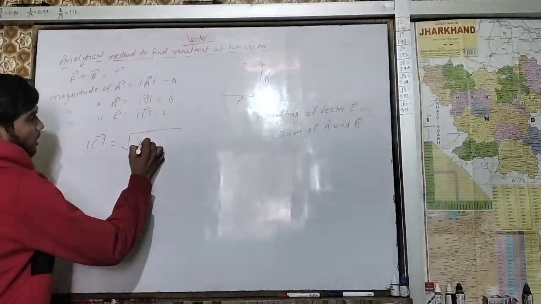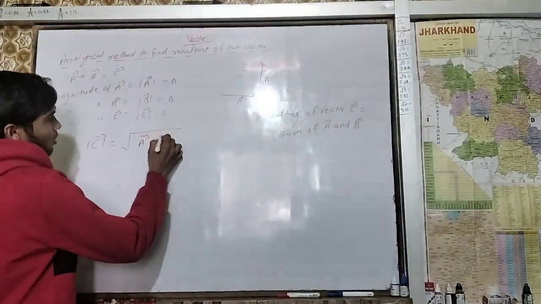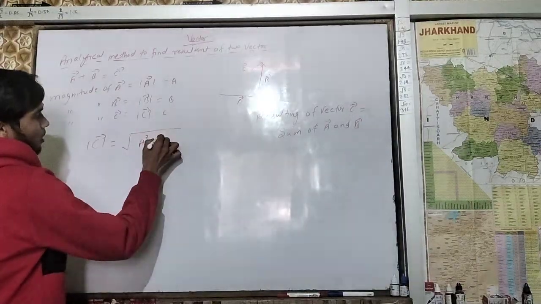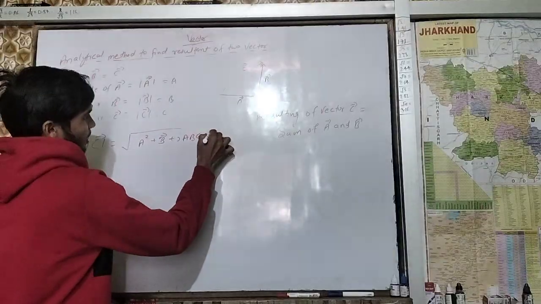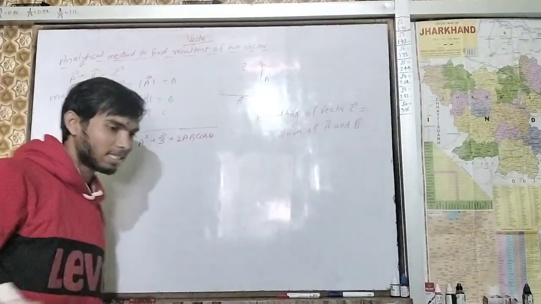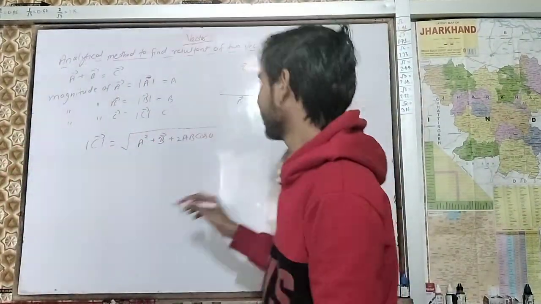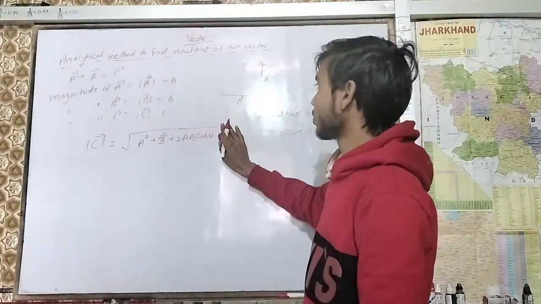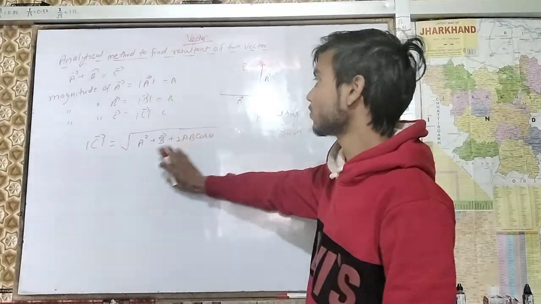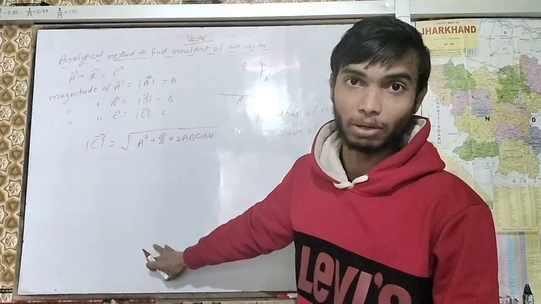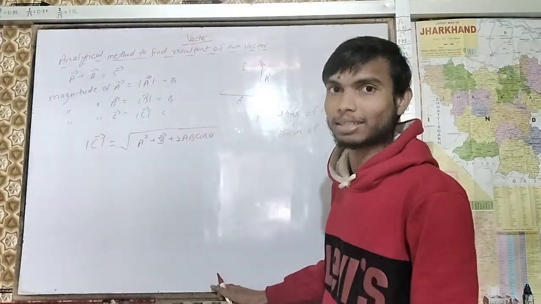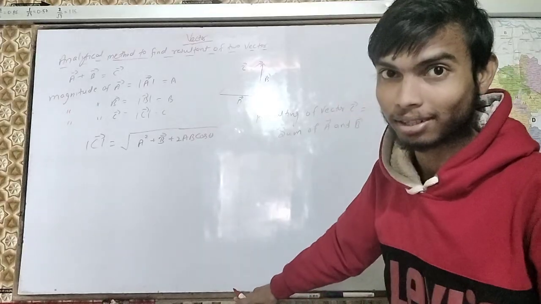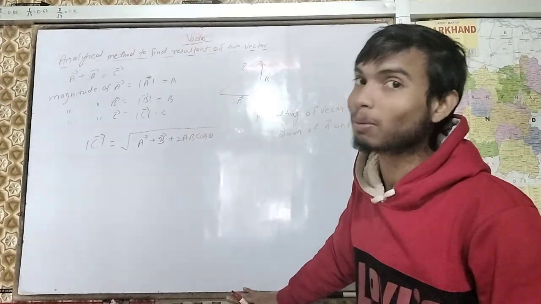Of course, you are finding magnitude. So A square plus B square plus 2AB cos theta. This is the formula. There is a derivation, we will talk about it. Just right now understand this is a formula to calculate the magnitude of any vector. Diagrammatically I have told you, but what about mathematically?